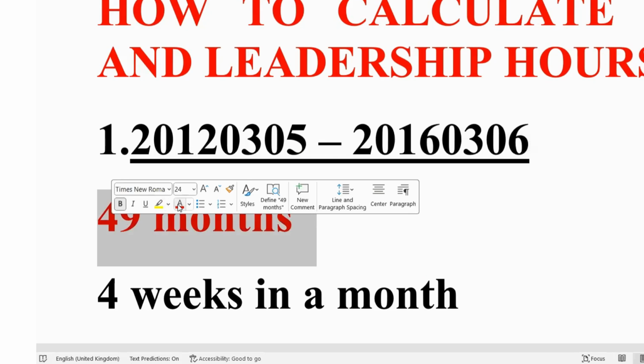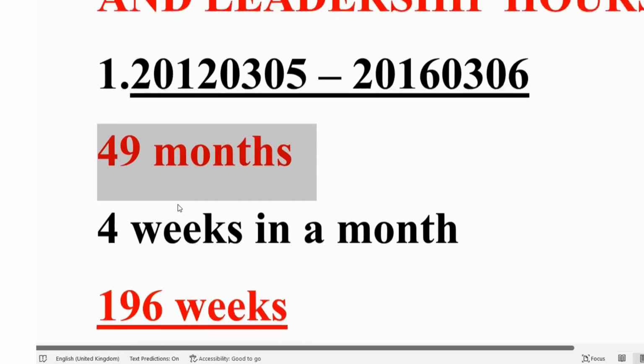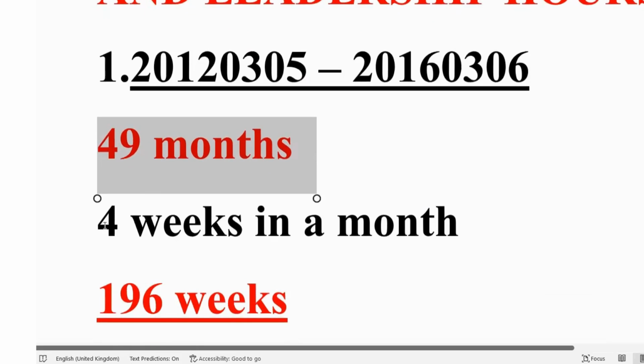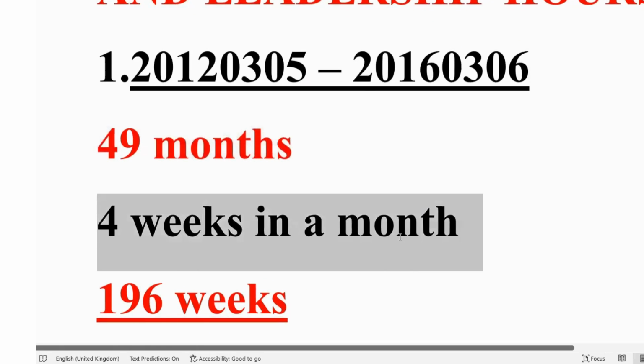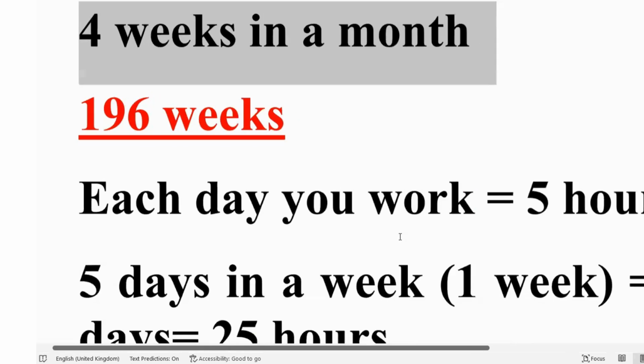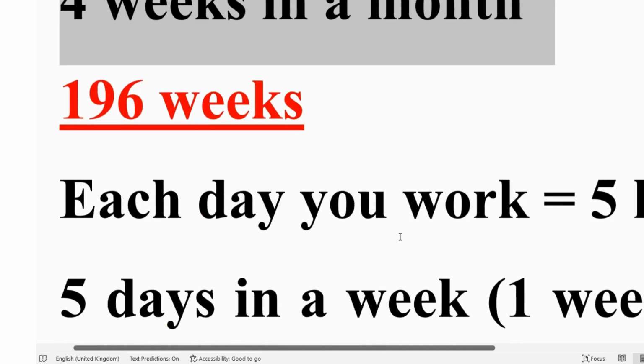In this example, it's 49 months. Then you ask yourself, how many weeks do we have in a month? Now, the question is, in each day, how many hours do you work?